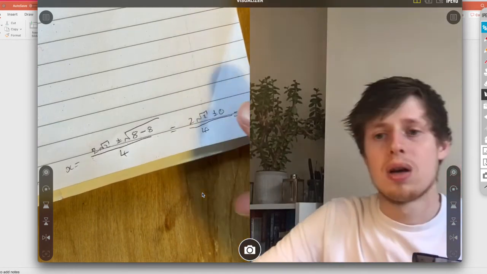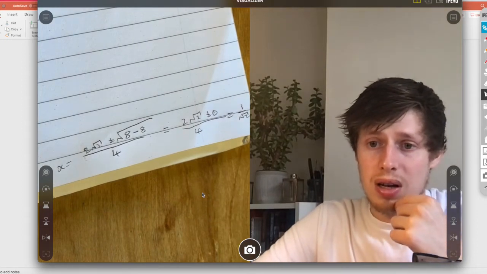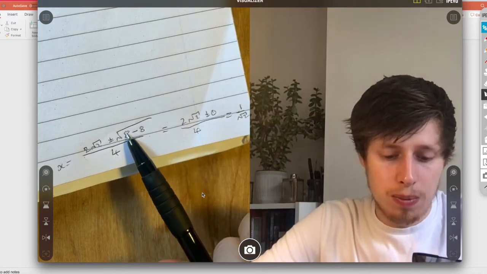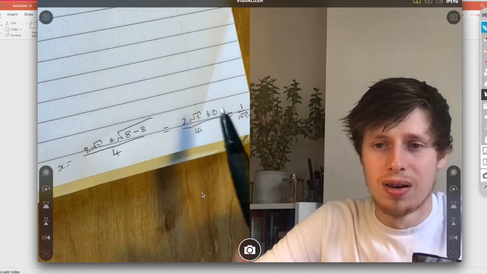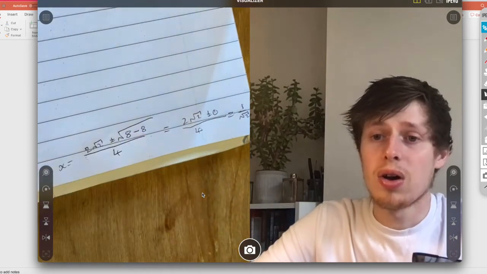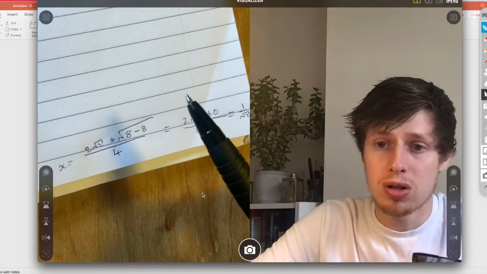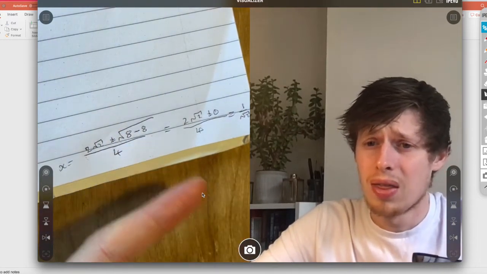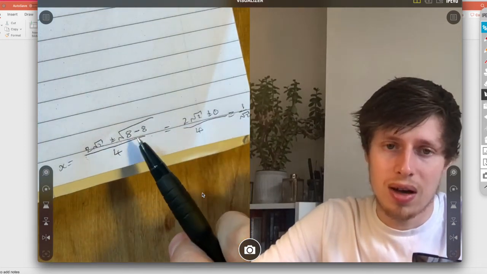So guys, and I'm thinking particularly of GCSE and A-level students who would have come across this, remember whenever you have this bad boy, the discriminant, whenever that's 0, it means that you only have one solution. If this was negative inside here, you would have no solutions because you can't take the square root of a negative number. There's no number that squares to give a negative number, so no real number will satisfy it.